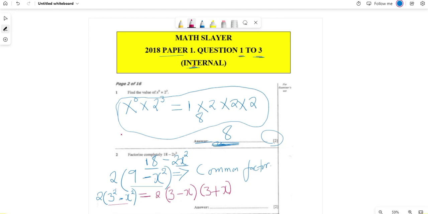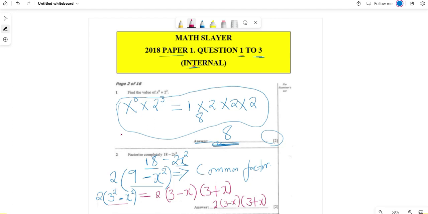So our answer is 2, open bracket, 3 minus x, close bracket, open bracket, 3 plus x. As usual, all the calculation under paper 1 needs to be shown on this space. The final answer we need to indicate on the answer space given.